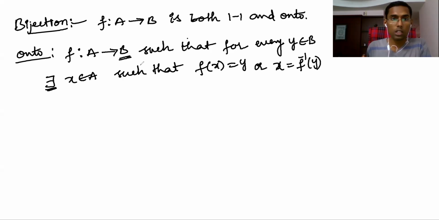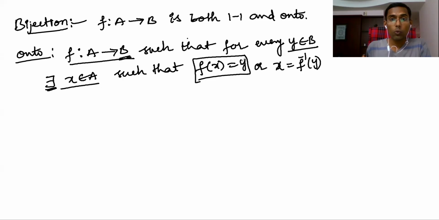Now you understand what it means. Onto function, yesterday I told, f is a function from A to B such that for every element y in B there exists x belongs to A such that f of x equal to y. What does it mean? The image of x is y.